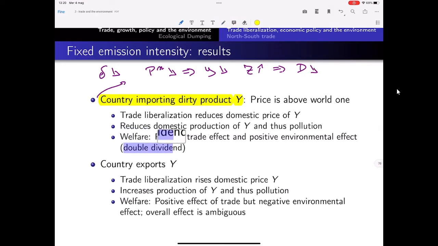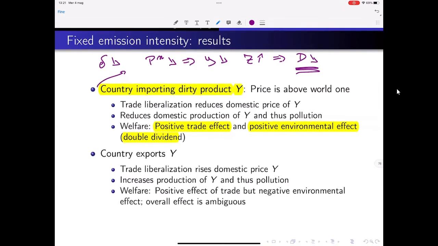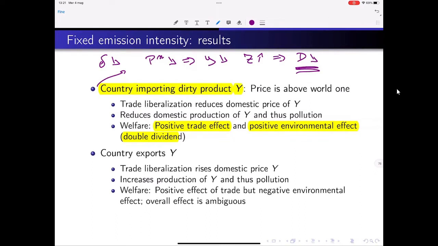You have a double dividend because on the one side, you have positive gains from trade. And on the other, you have positive environmental effect because of a decline in emissions. So this country, in case of taxes, benefits most because trade liberalization increases welfare because of gains from trade, but also because of a less polluted environment.